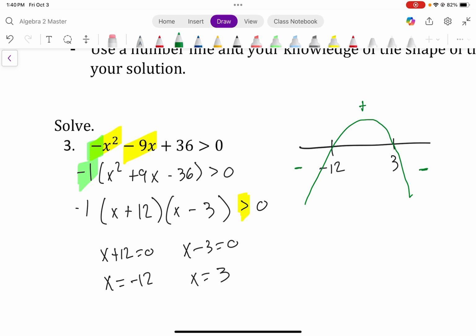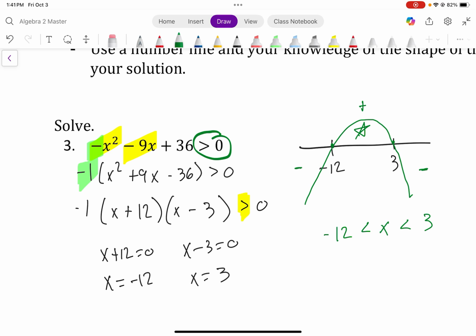So now I look at, what did I actually want it to be? I want it to be greater than 0, which is positive. That's this part right here, the graph between x is -12 and 3. So from -12, I'm going to put x between that, and 3. I'm going to use the symbol less than here, specifically because there's no or equal to.